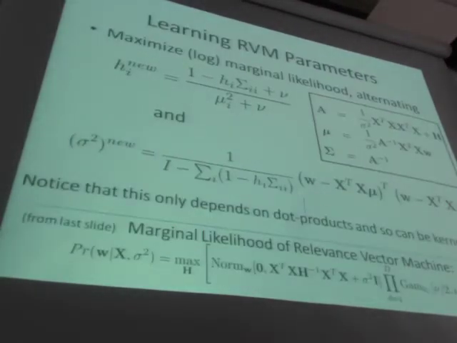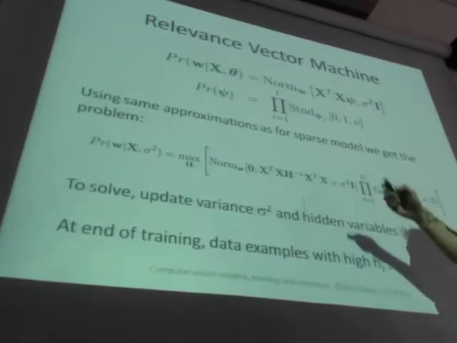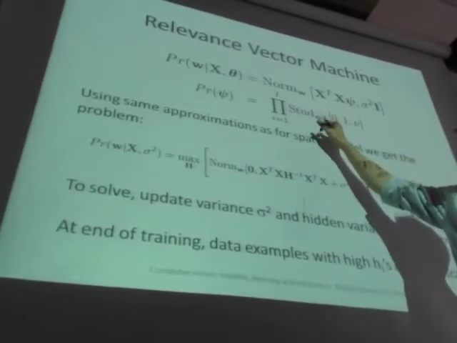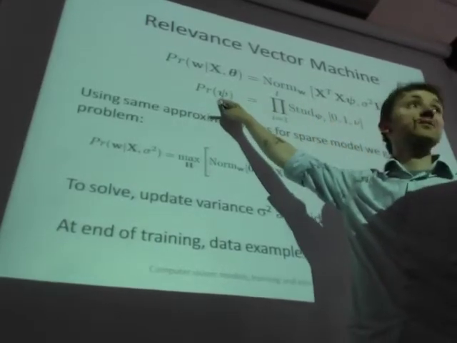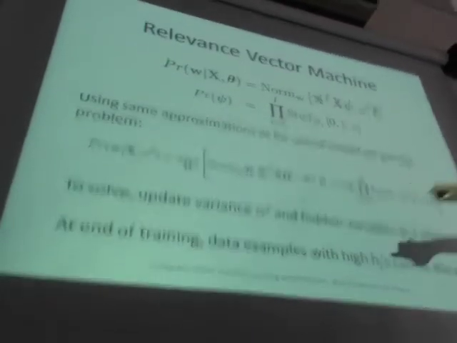I'll just go back very briefly. The relevance vector machine, right? Of course, now we have this situation where we have the student t distribution as our prior on our weights psi, and that has parameters.